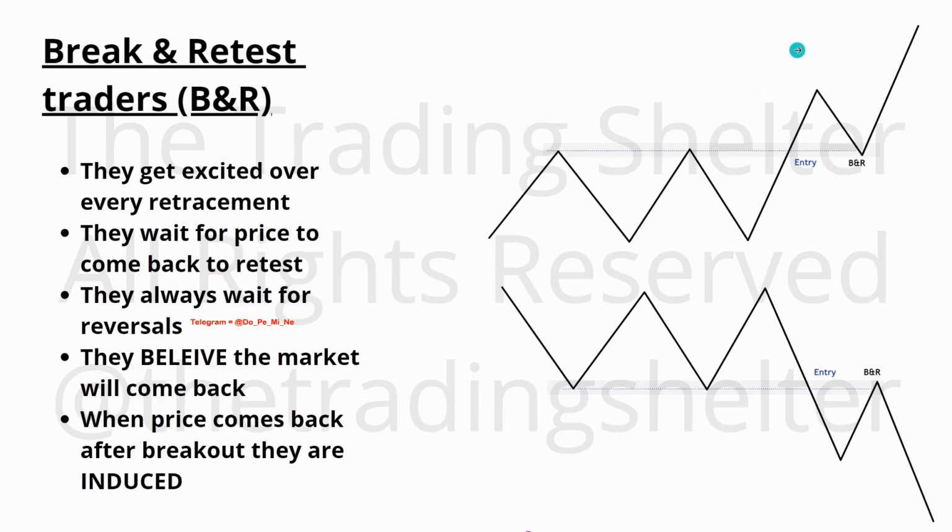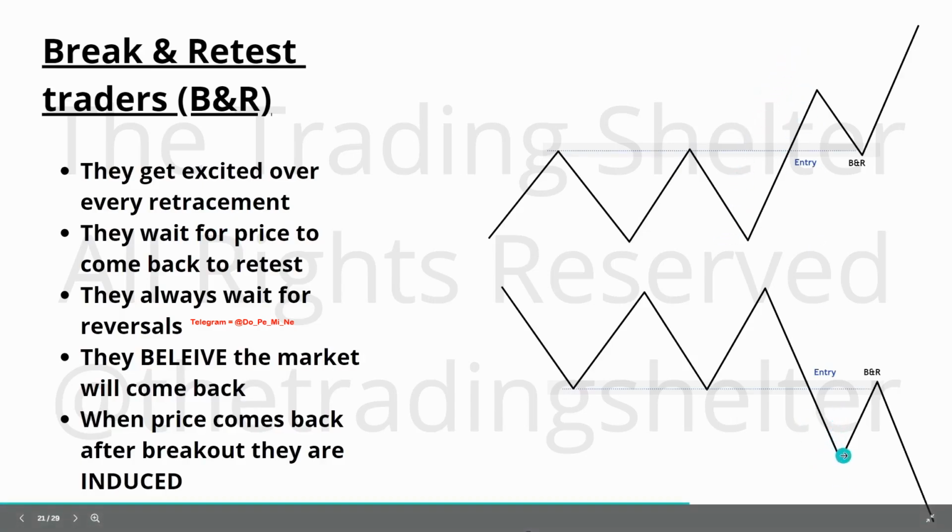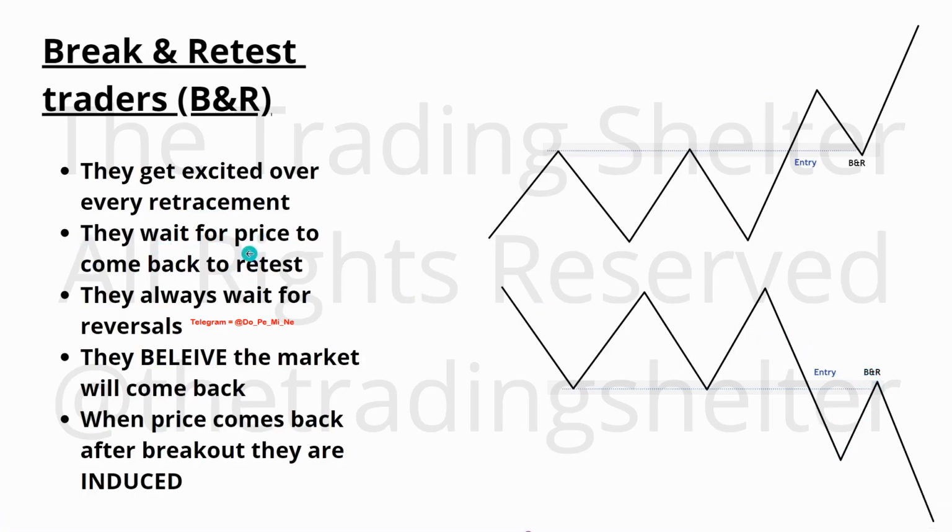When the price breaks a high or a low, they wait for a retracement to enter. They always wait for reversal. So if price jumps in one direction, they wait for it to come back. They're patient. They believe the market will always come back, and basically, the market comes back to induce them to enter.